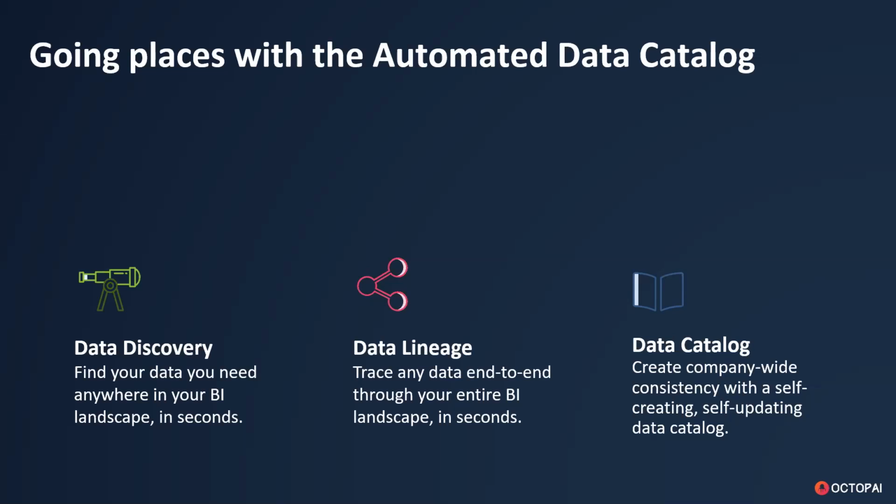Connected to the lineage, of course, as you saw, the different roles can easily click through and understand how data got from one place to another and where it's being used. And the whole thing together basically becomes one platform where all the information about your data takes place in one platform that's easy to use, and everyone knows where they need to go for information about the data and how it should be used.